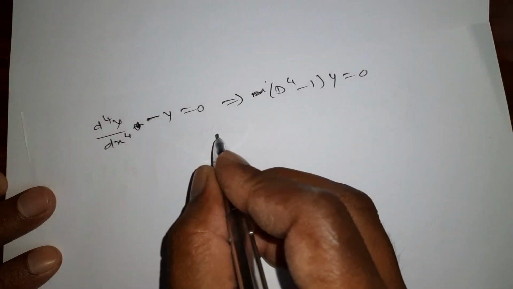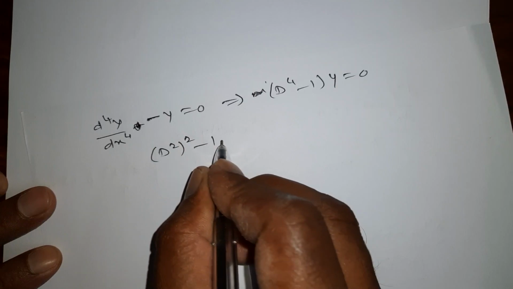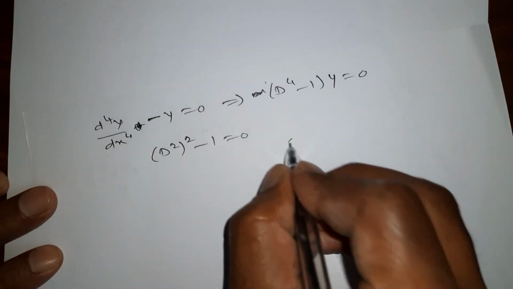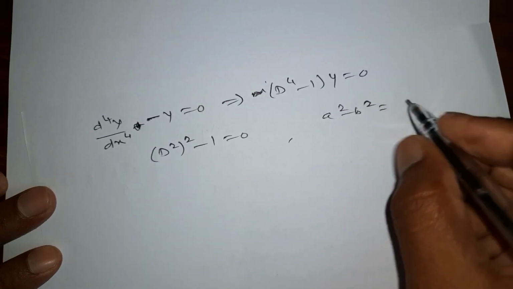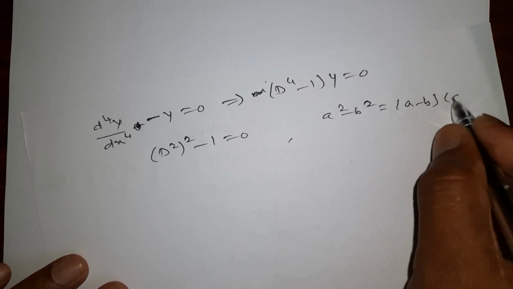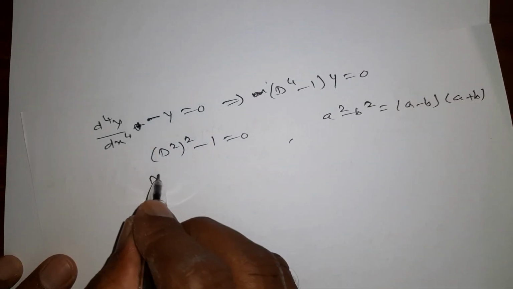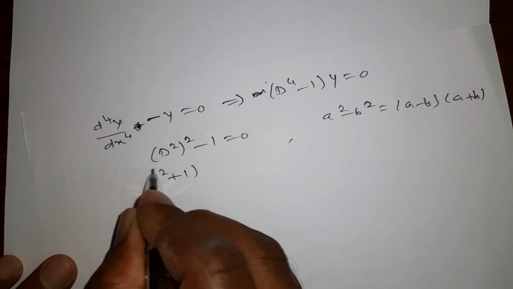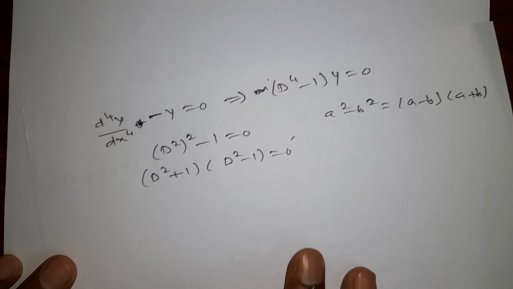How is it easier? See carefully. D raised to 4 I can write D square of square minus 1 is equal to 0. So, I can use here a square minus b square formula. What is the formula of a square minus b square? It is a minus b and a plus b. So, using that I get D square plus 1 and D square minus 1 is equal to 0.